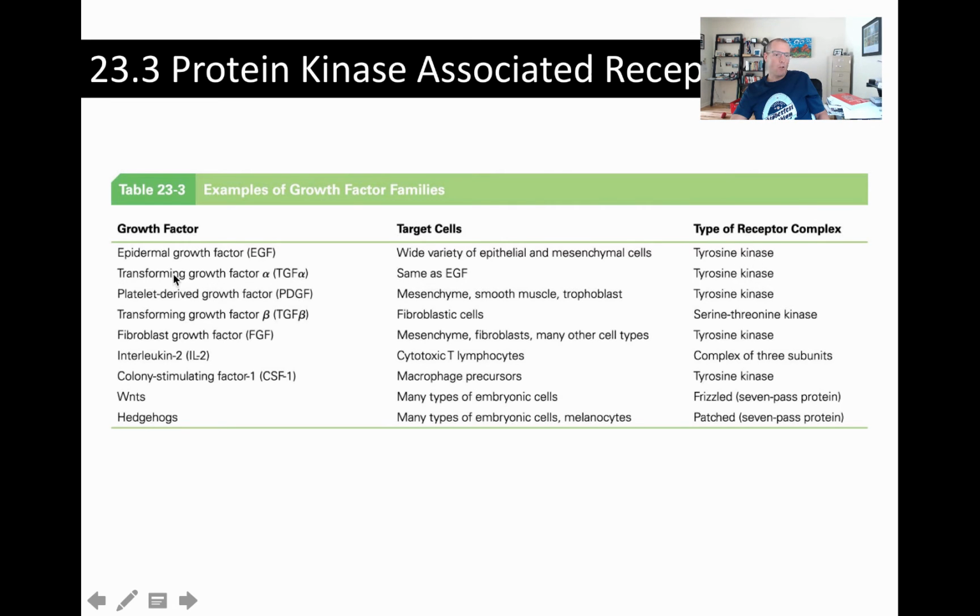So I'll let you just look through the list. You don't have to memorize the list, but what I'd like you to take away is the range of cell types which respond to different types of growth factor, and note that there are a large number of tyrosine kinase receptors that mediate the signaling via these growth factors.